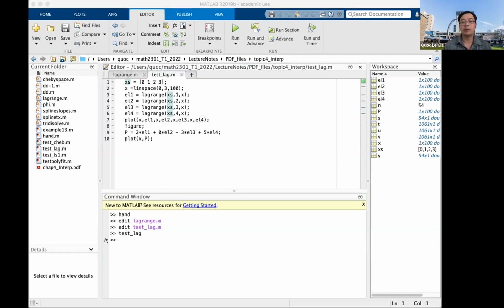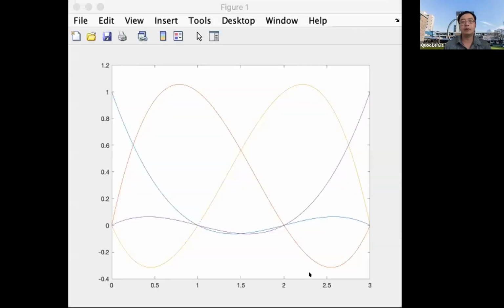Okay, and we will see. I can show you the pictures. So if you run it, then you see exactly the, well, this one is the Lagrangian.